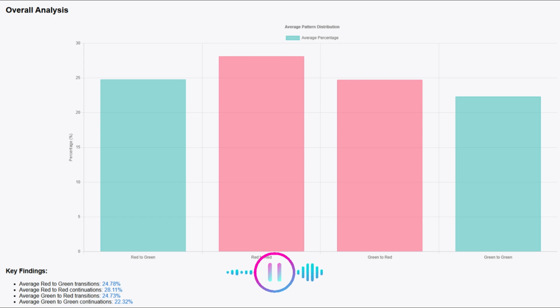Red to green and green to red in EURUSD. Yeah, the analysis showed those reversal patterns were generally a bit less frequent than the continuation ones overall. Okay. And the source even mentioned greater instability in upward moves, which kind of fits. If green-to-green was less common, maybe those upward trends were a bit shakier, less likely to sustain themselves compared to the downtrends.